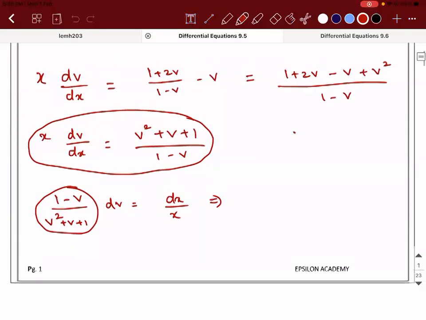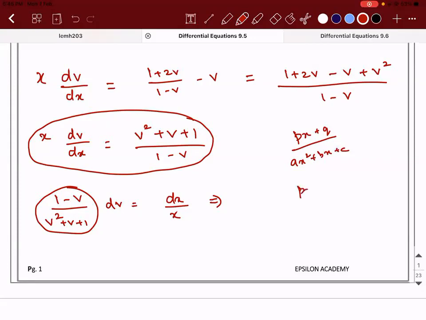We have this form, px plus q divided by ax square plus bx plus c. Yes, sir, we can even use this. Yes, this makes more sense. See, px plus q is equal to a into d by dx of ax square plus bx plus c, plus b.